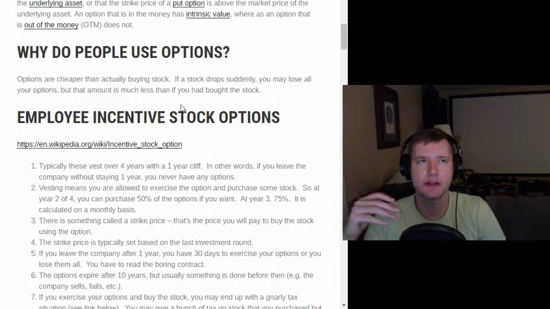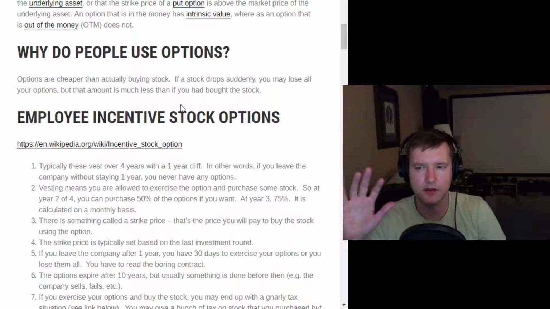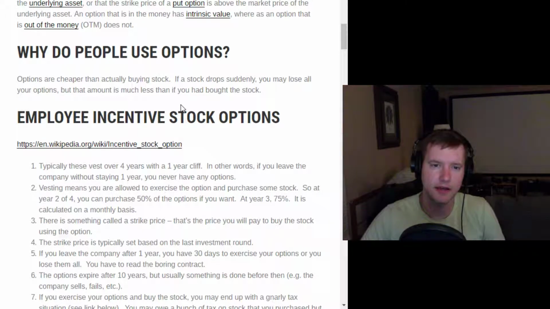My 4 previous companies, none of those options were worth anything, except for the 4th company. Arguably the 3rd company, maybe I could have made some money there, but I didn't stay long enough to get the options, and we'll cover that right now.